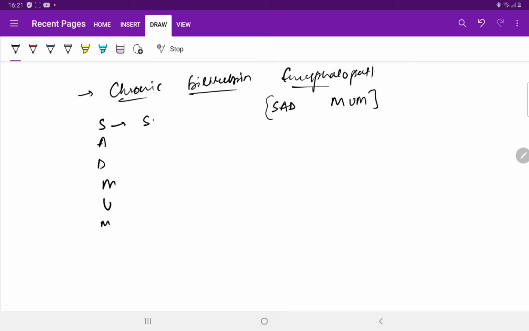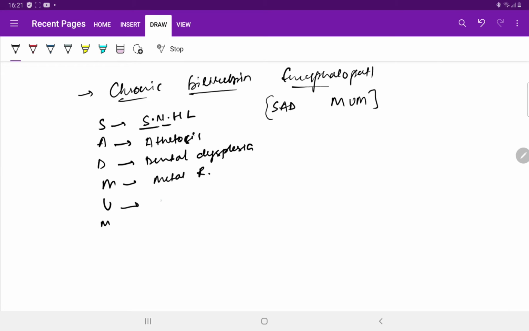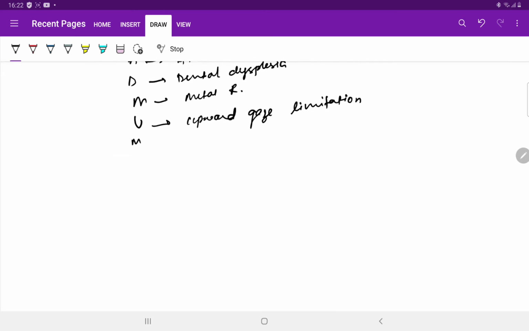S stands for SNHL, sensorineural hearing loss. A for athetosis. D for dental dysplasia. M stands for mental retardation, and U stands for upward gaze limitation.